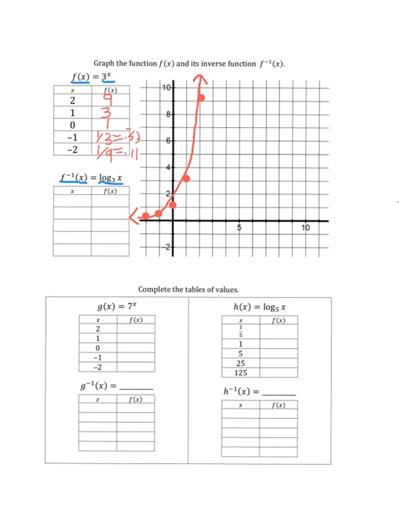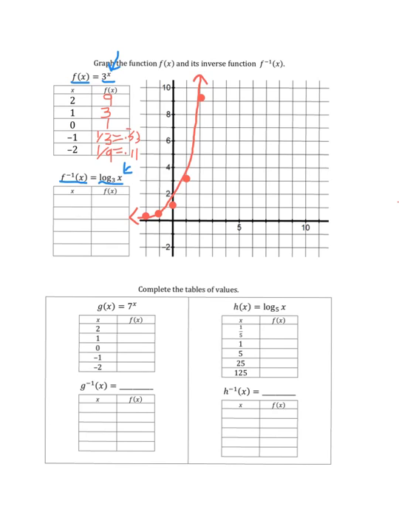Which means that the inputs of 3 to the x should be the same as the outputs of log base 3 of x, and the outputs of 3 to the x should be the same as the inputs of log base 3 of x, by definition of an inverse, where the x's and y's are switched. So let's see if that is true.